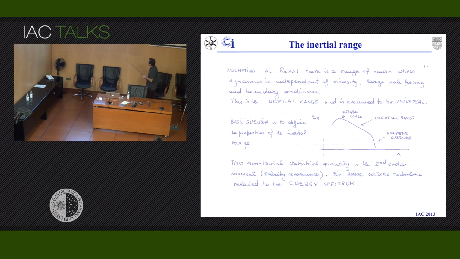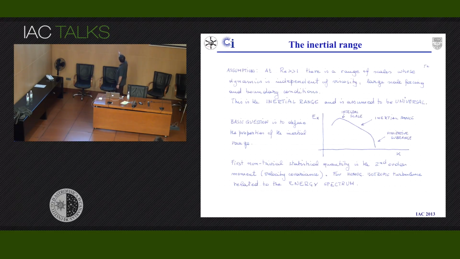That being the case, the dynamics in this thing called the inertial range should be universal. Okay? Should be the same for all the flows with the same Reynolds number. And then you could say, okay, if this thing actually exists, what exactly does it look like? Now, what am I plotting here? I'm plotting E(k) as a function of k. So this is wave number, inverse scale, large scales, little guys.